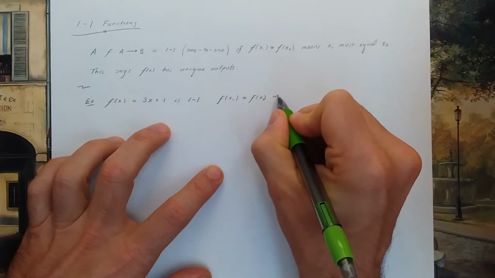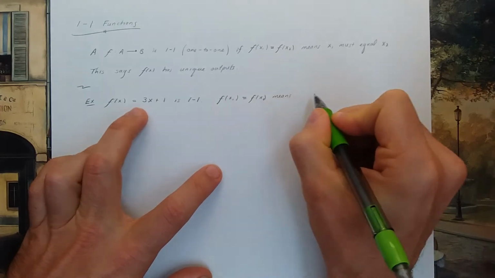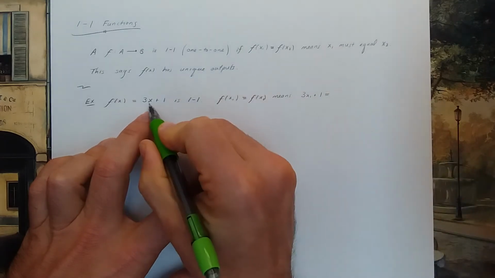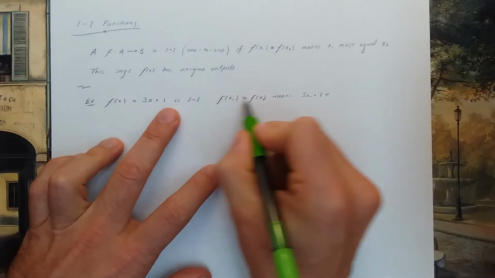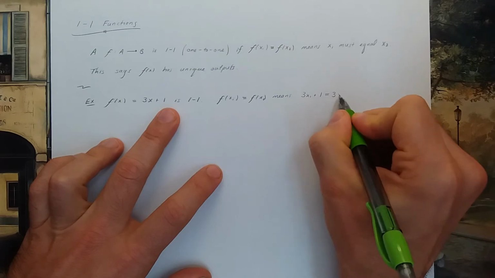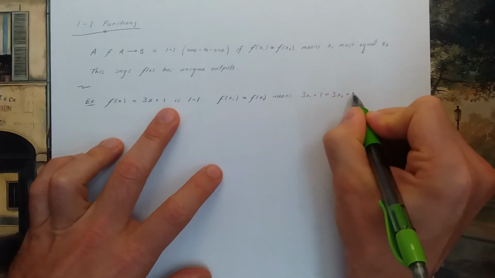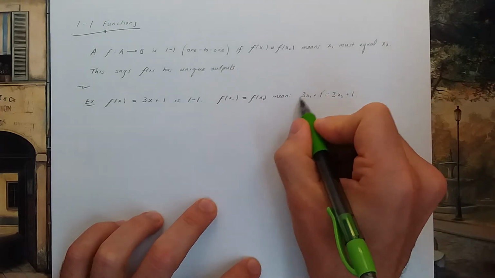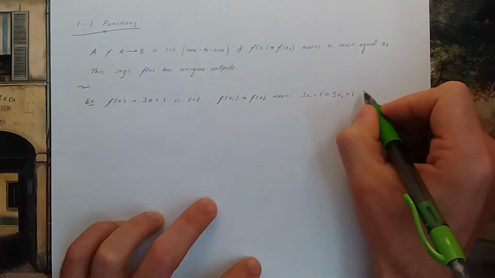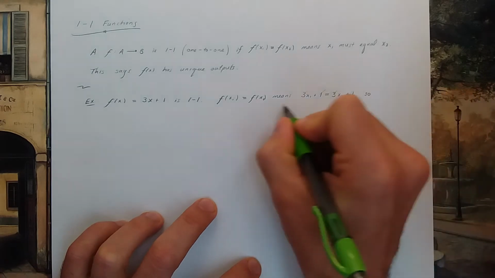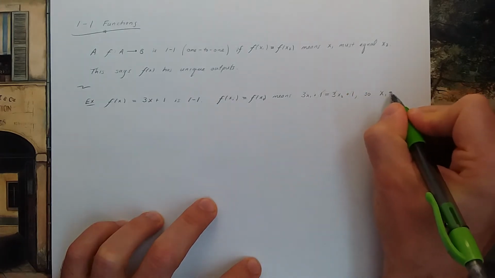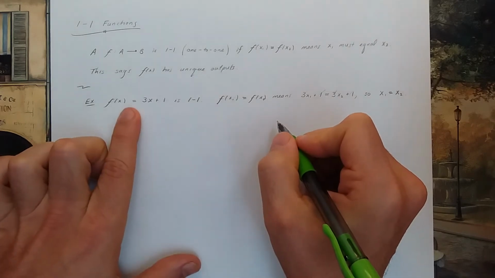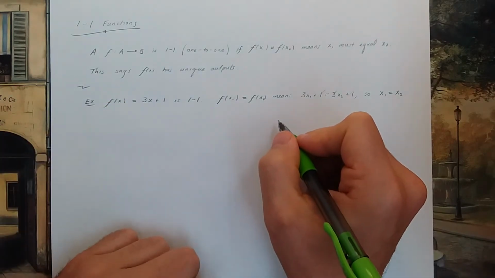What this means is that 3x1 + 1, that's the output of the function when I plug in x1, should equal 3x2 + 1. Then you could subtract 1 from both sides, divide by 3, and we can conclude that x1 has to equal x2. So that's why this function is one-to-one.